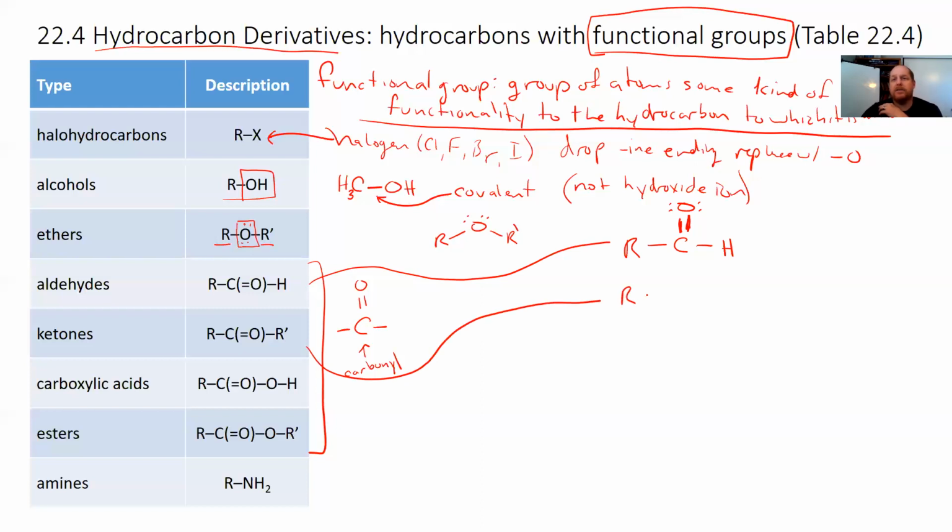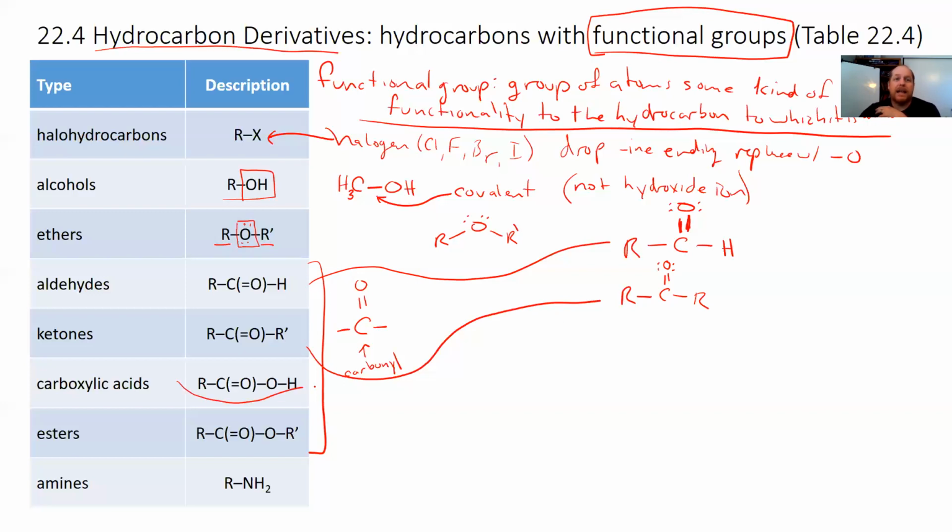Instead of having the hydrogen on the other side of the carbonyl, there's another hydrocarbon on the other side. So that's where that R comes from. You can also look at the angles around here. Each of these is going to be trigonal planar, maybe slightly distorted, but trigonal planar overall as the ideal bond angle.